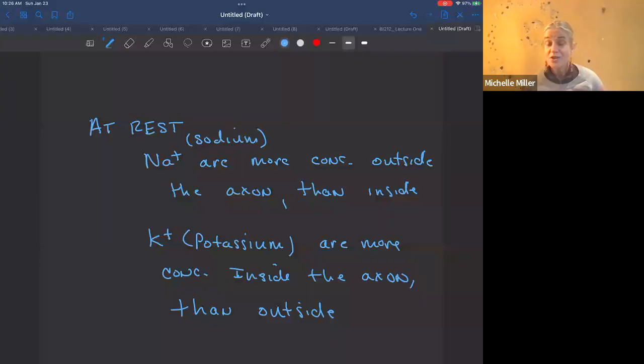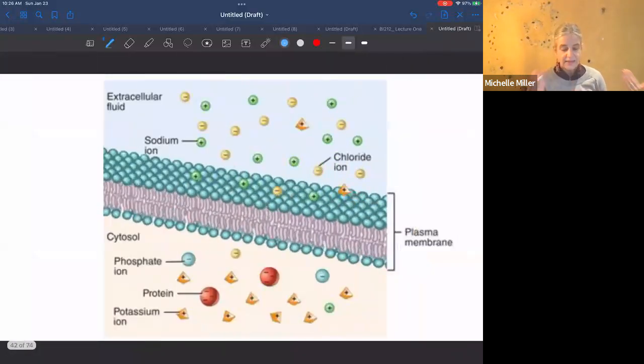So they will want to move out. When we look at this in a diagram from your textbook, it looks something like this. So we have these sodium ions on the outside, shown right here in green, and they are more concentrated than they are on the inside. So sodium is going to want to move in. We also have potassium ions more concentrated on the inside, so potassium is going to want to move out.